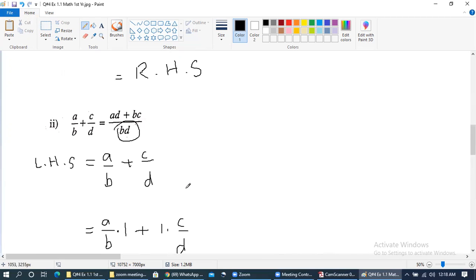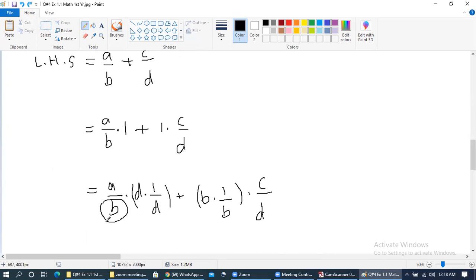So how can we get this result? By introducing B with D and by introducing D with B. Since this was written in the denominator, this was written B, so we have to introduce this D along with it.